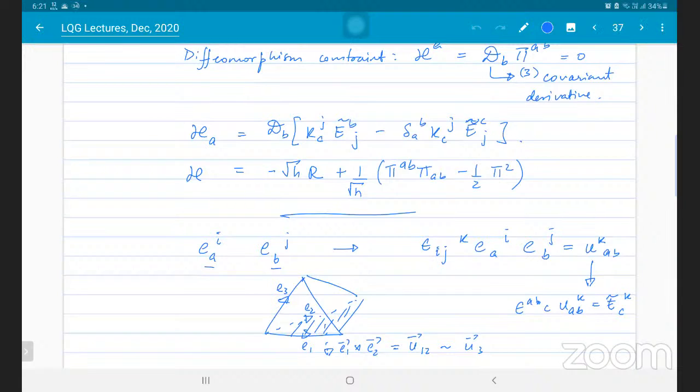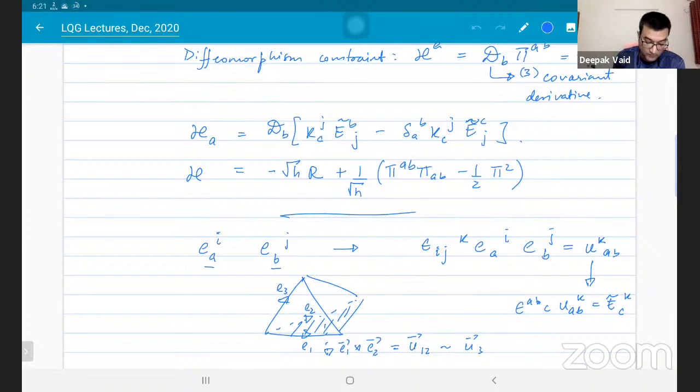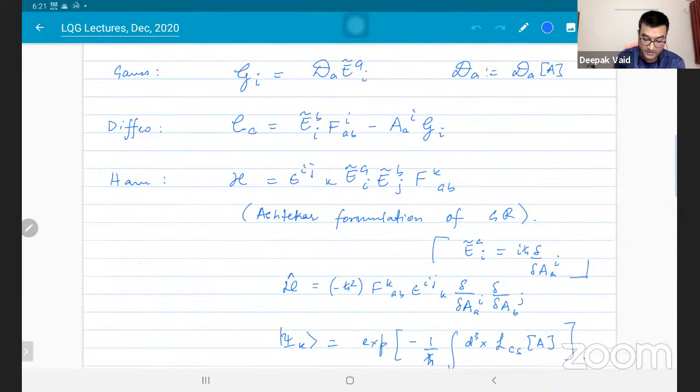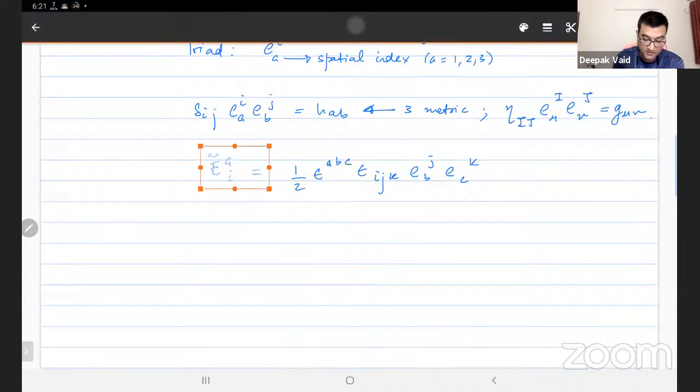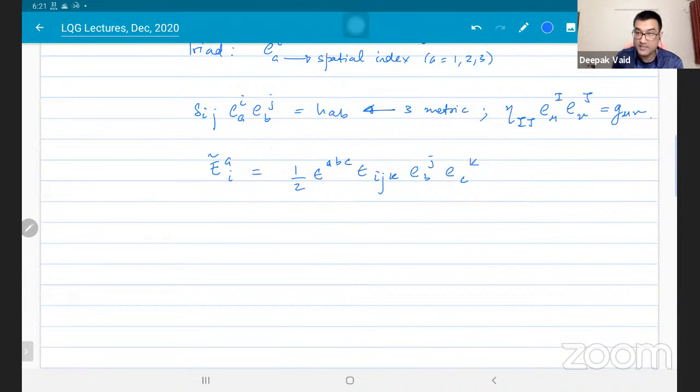So the co-triad and the triad, are they the same thing? Well, if I take the inverse of this, then I would call this the co-triad. But this thing is a density weight 1, I think.